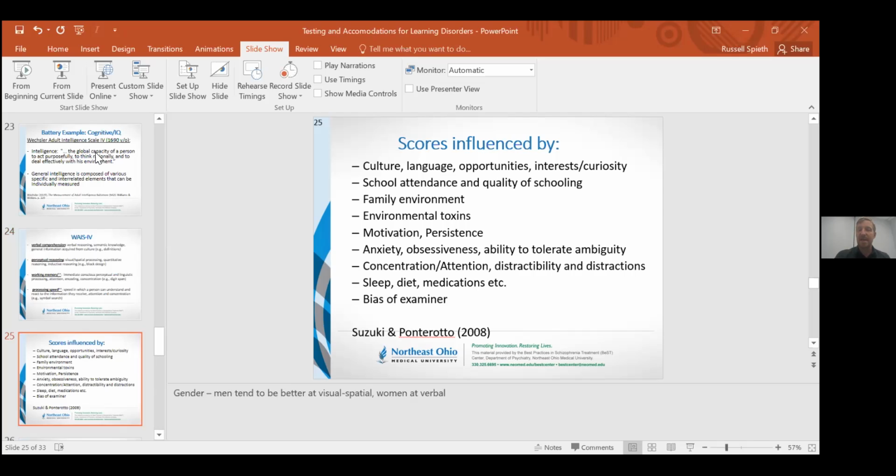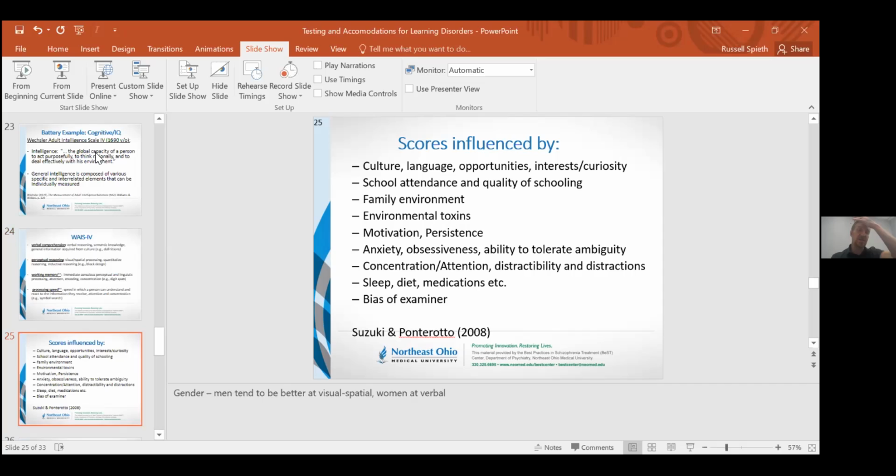So what are scores influenced by? Obviously, an achievement test is to some degree measuring what one would have learned in US culture, English speaking, with an adequate school, right? Not everybody clearly has that or comes in with that.